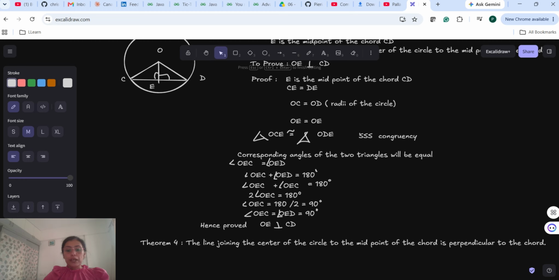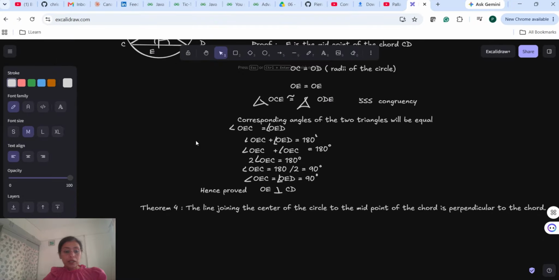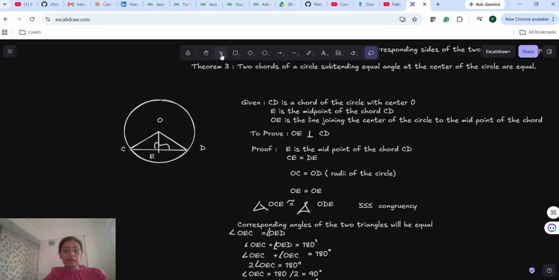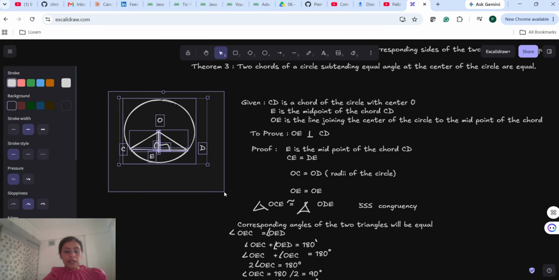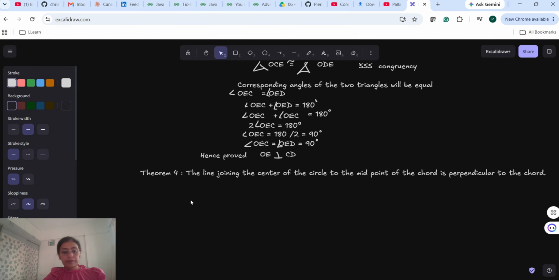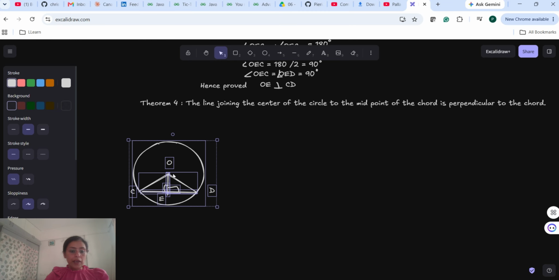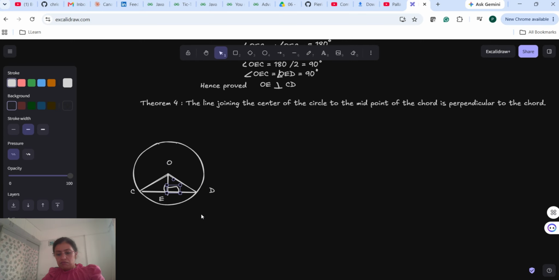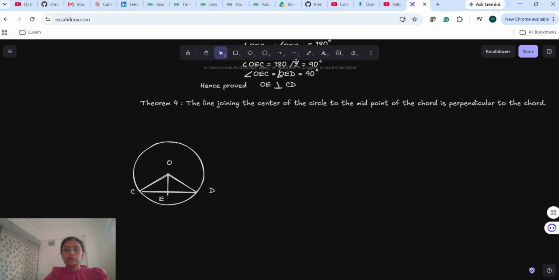Now you can be asked if the converse of this theorem 4 is also true. So for that, I'll copy this entire diagram here, and I'll just delete this because it is looking ugly.